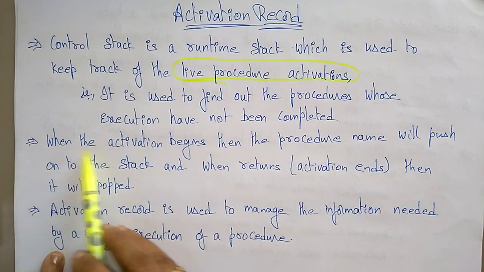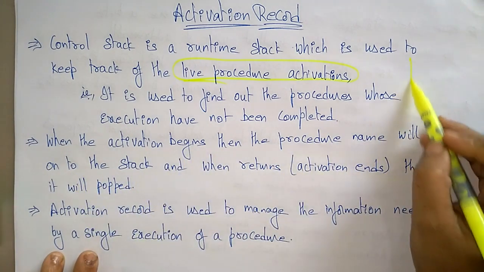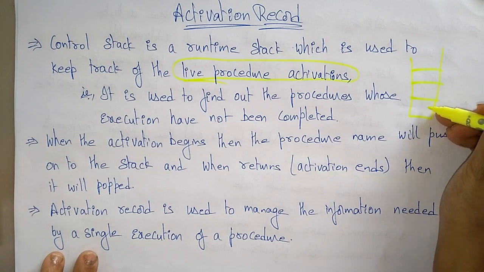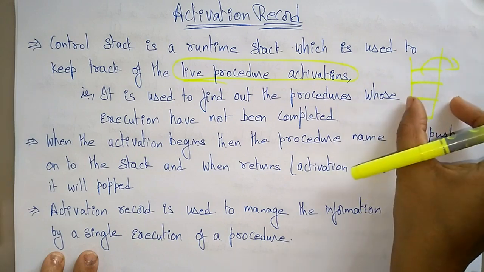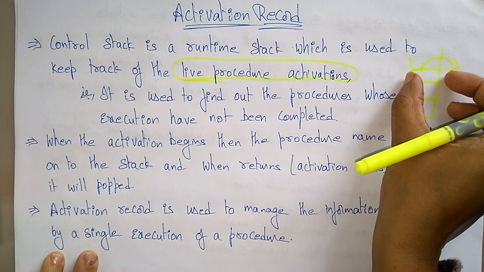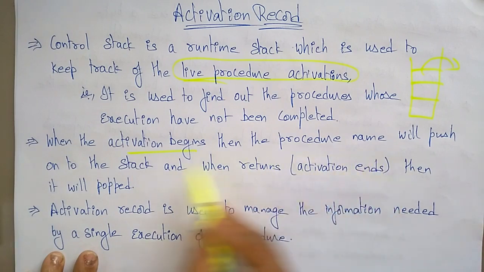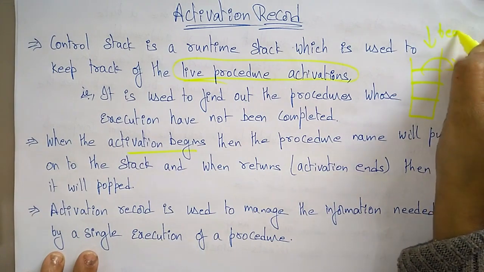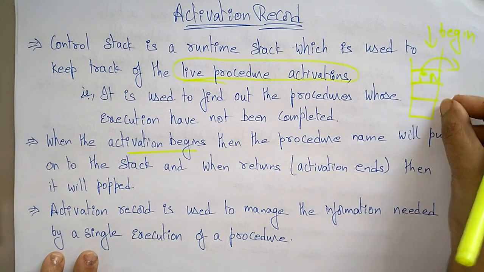So when the activation begins, then the procedure name will be pushed onto the stack. Whenever you place information on the stack and want to execute it, you are going to pop the information from the stack. So that is the activation record. Whatever you pop and execute, you call it an activation record. So whenever the activation begins, the procedure name is pushed onto the stack.